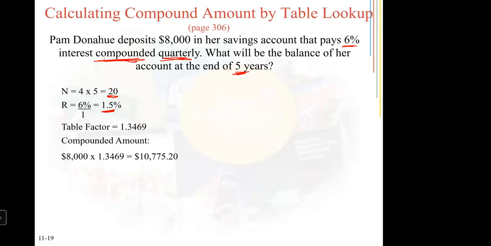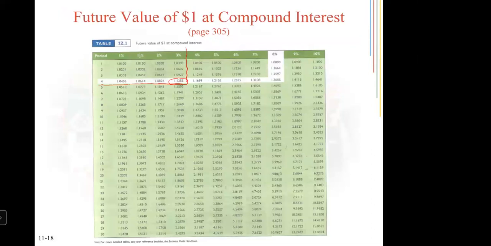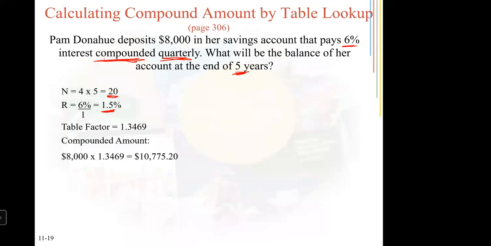So you go to the table and you look for 1.5%, see this is 1.5 here, go down to 20, you see that? 1.3469, and that's what they have here, 1.3469.